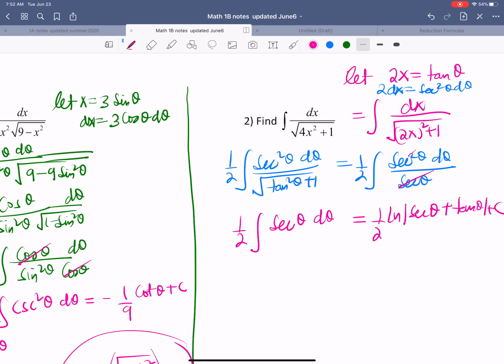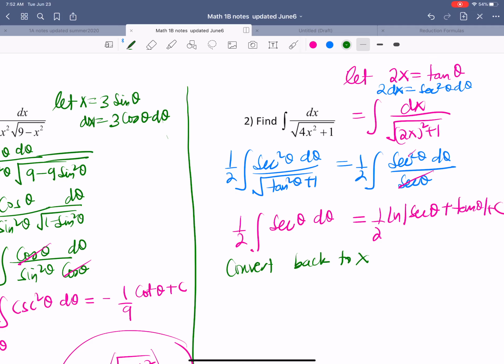So now it's time to go back to x's. So I need to go back and see what did we call x in the beginning. We did call x as, let's see. So we can say from the beginning, convert back to x. I'm going to convert back to x.